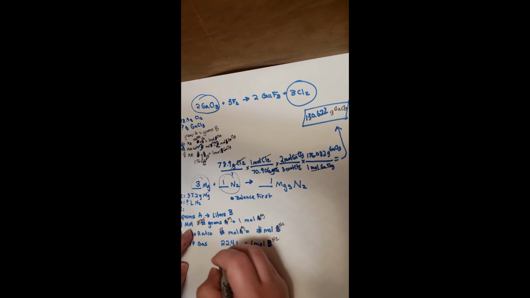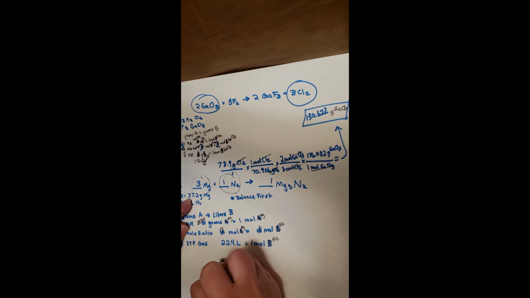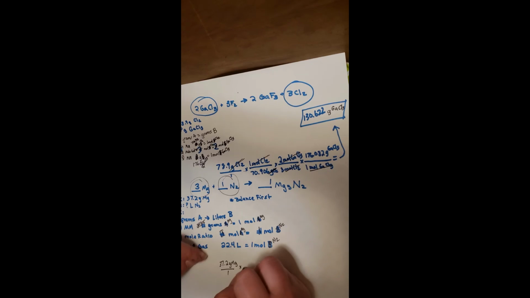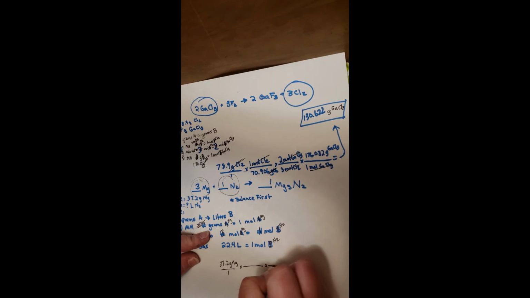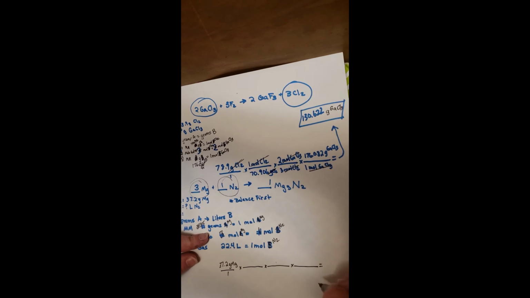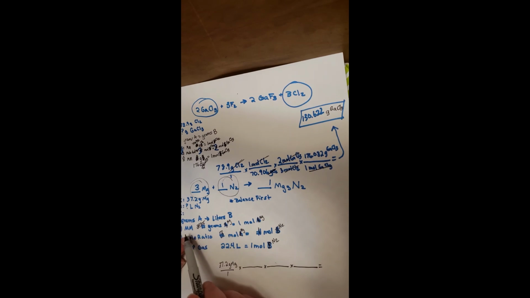Known over 1. So 37.2 grams of magnesium over 1 times my 3 relationships, but I'm going to go ahead and write them in just so I can control how much space they're taking up. First relationship is the molar mass of my known.